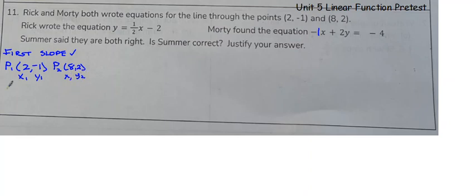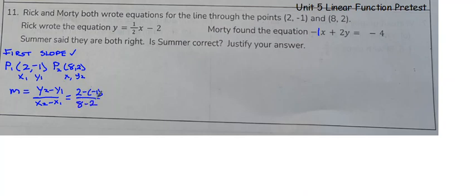Okay, so I ran the slope formula. m equals y2 minus y1 over x2 minus x1. And I got 2 minus a -1 over 8 minus 2.